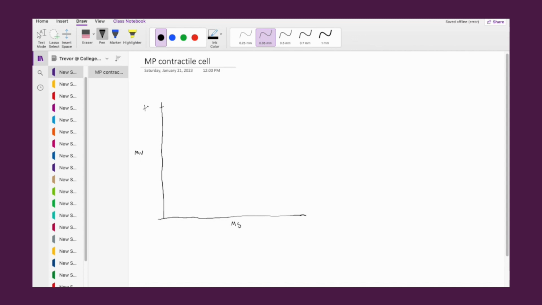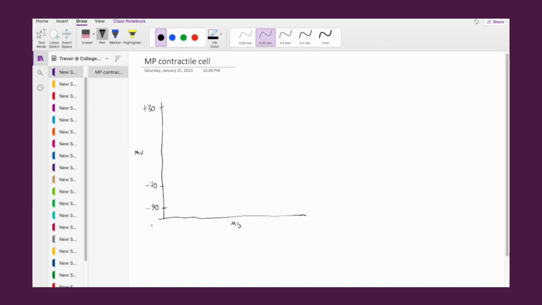This will be plus 30 at the top of our axis. Let's say our threshold is going to be at negative 70 for these contractile cells. And we're going to go as low as negative 90 when we're polarized.